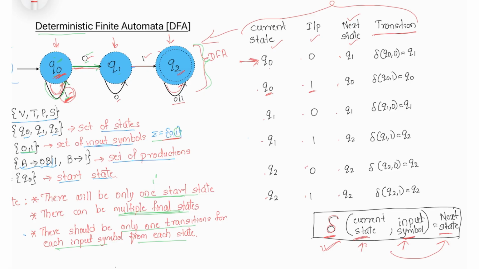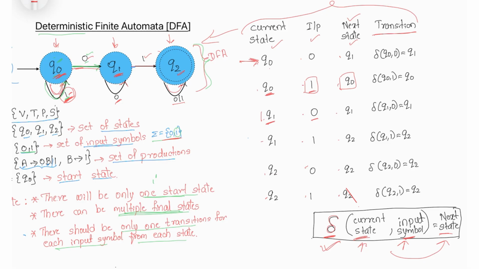Hence we represent this as: from the state Q0, by accepting 1 as the input symbol, the machine remains in the same state Q0. Now the next state is Q1. From the state Q1 for the input symbol 0, within the diagram we have a self loop. So it remains in the same state only. It is not moving to any other state. Hence we are representing it like this.